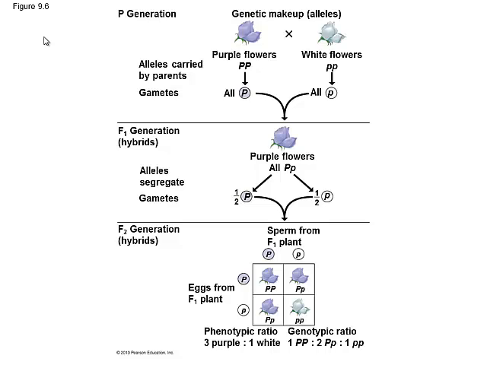So we see that in the F2 generation when we cross 2 heterozygous plants, we see that trait coming back. Because what would our Punnett square look like if I did this?